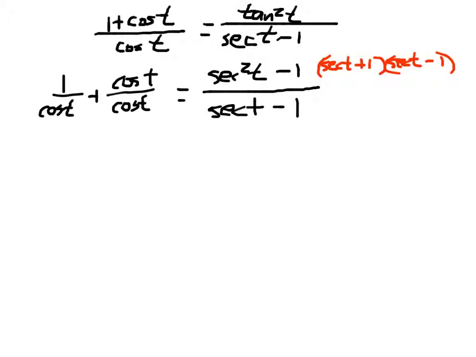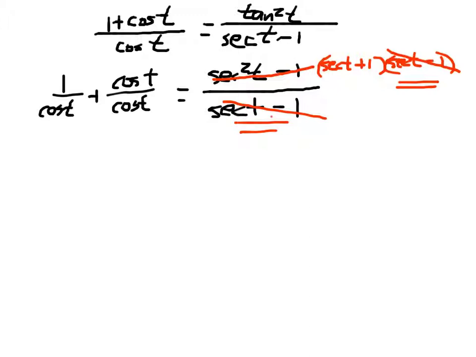Boy, I didn't give myself much room to work with there. Alright. Now, the reason why I did that is both numerator and denominator have a factor of secant of t minus 1. Factors can cancel.